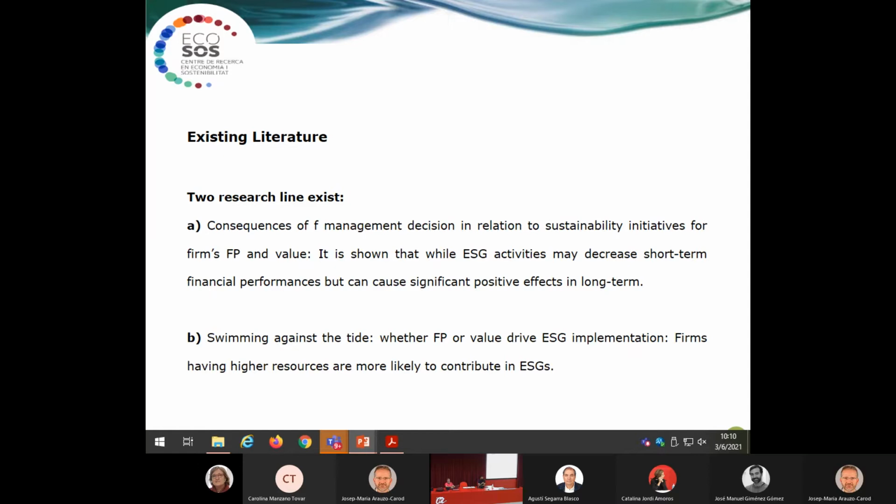The most relevant to my study, which is somehow called swimming against the tide, I investigated in which conditions firms will participate. We have some internal factors for the firm, and based on these factors, the management is going to decide whether or not to participate in ESG activities.